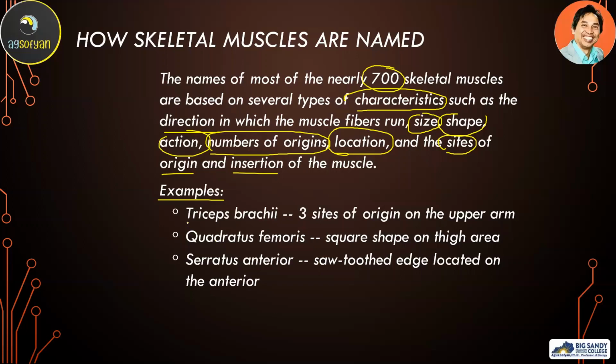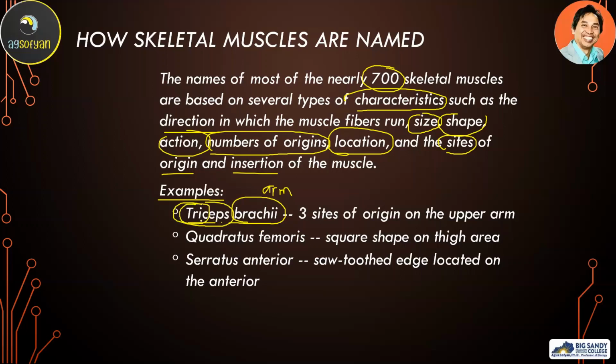On the back of our upper arm, we have what we call the triceps brachii. Brachii is actually the location. This is the arm, especially the upper arm, so you know this muscle is located in the upper arm. That's what brachii means. Triceps, the name is telling you there are three origins of this muscle.